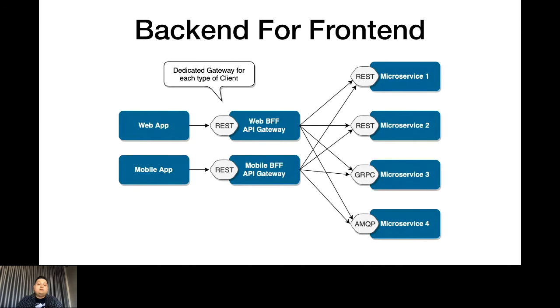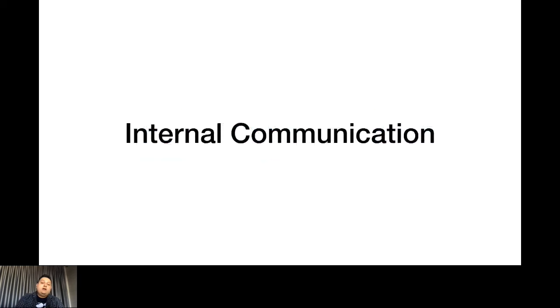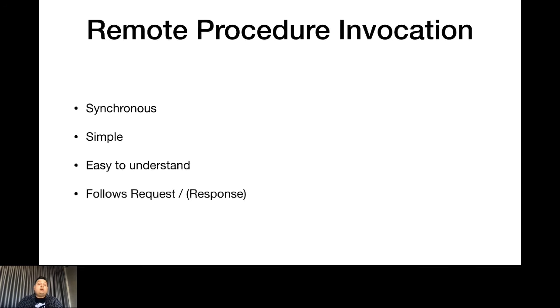Okay, so let's continue for now. The next topic is internal communication. It's related to what you just asked. So the first approach to communication is the usage of something called remote procedure invocation.